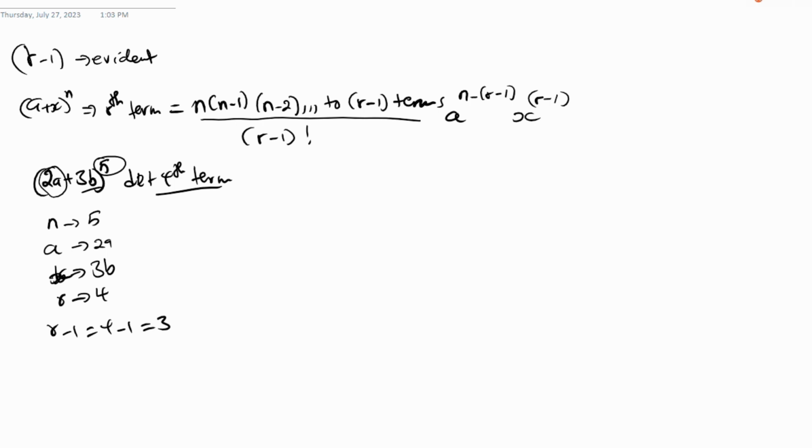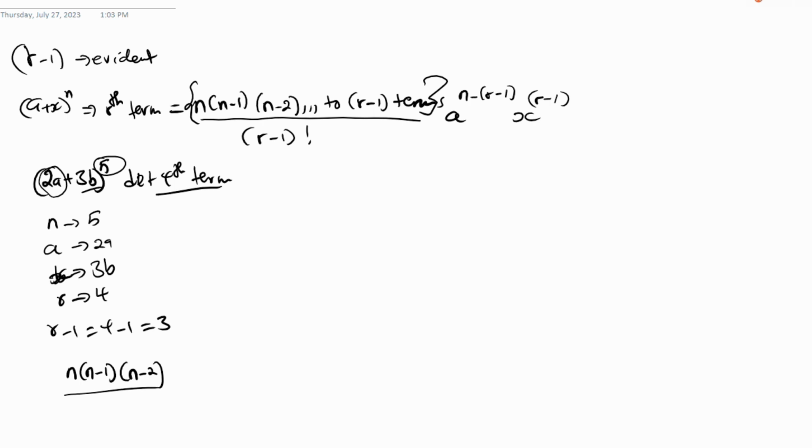So if r minus 1 equals 3, then the numerator is going to have only 3 terms: the first term will be n, the second term is n minus 1, the third term is n minus 2.